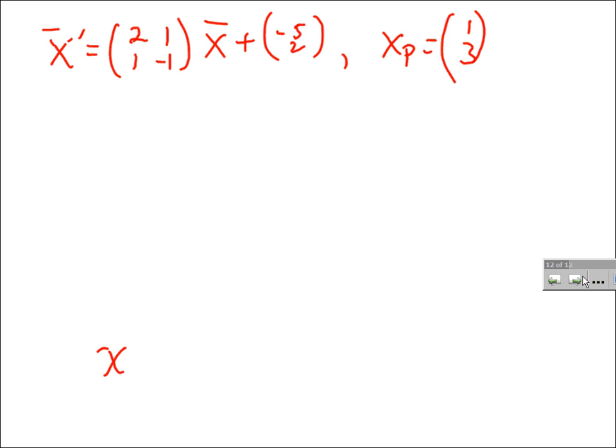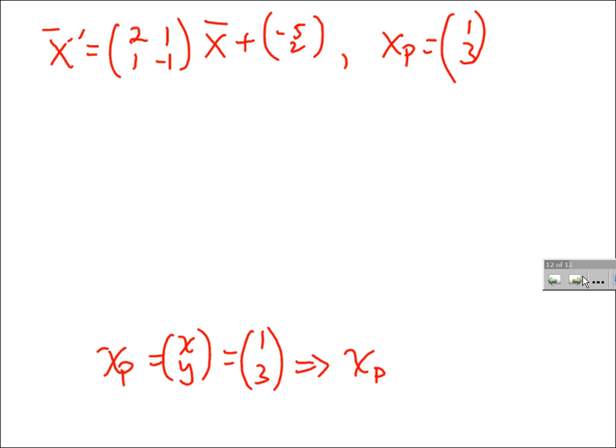And remember that xp means little x, little y. Little x is 1, little y is 3. The x prime is the derivative of xp. If x is 1, with respect to t, the derivative is 0. And if y is 3, dy/dt will be 0.